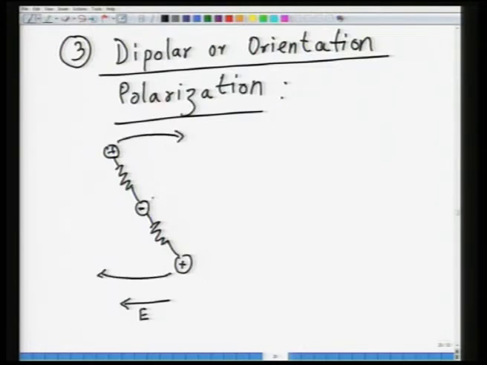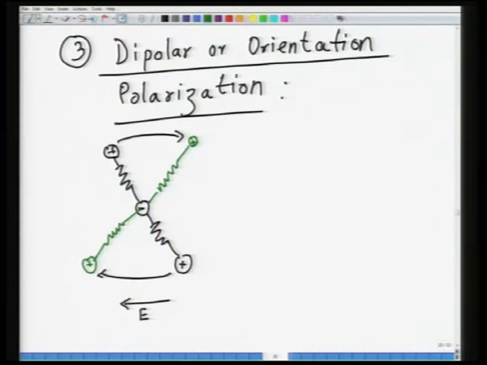So, I have now a new situation in which these two positive charges, or vice versa, it could be positive at the center and negative at the other side, have moved to other positions, and this is called as a dipolar polarization mechanism.